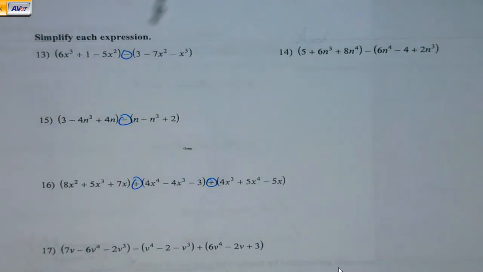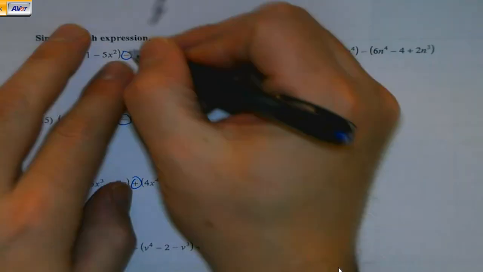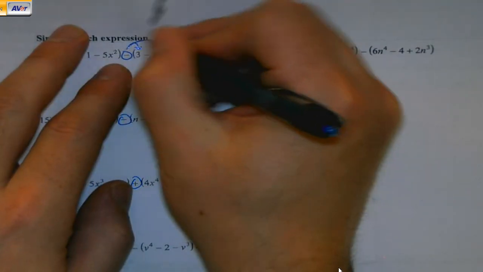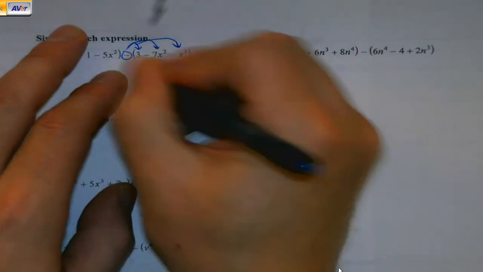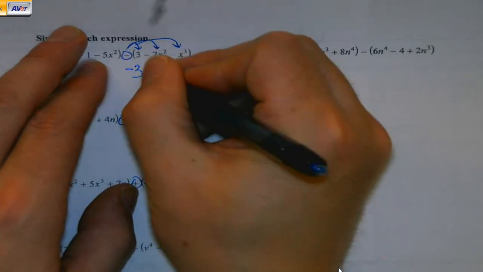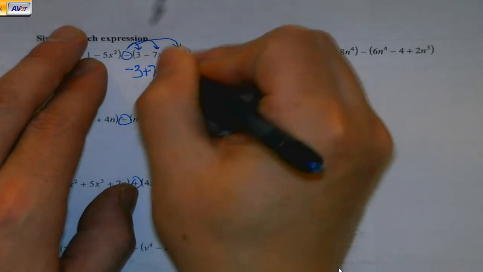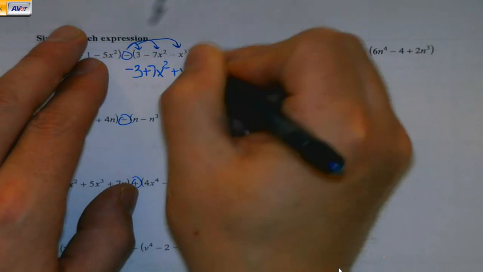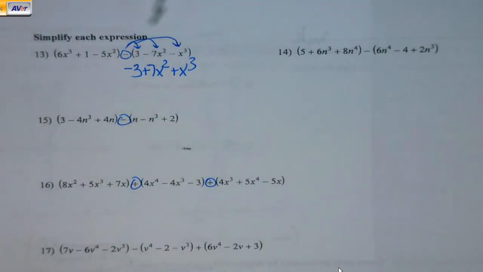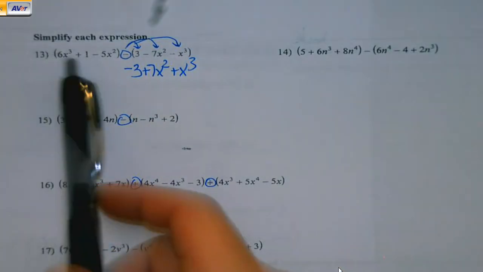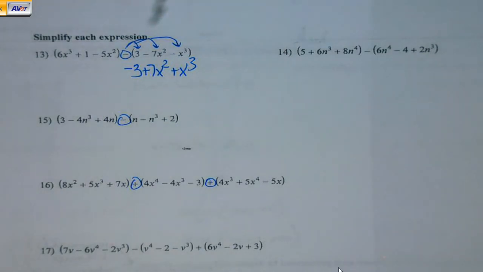We're not adding exponents. We're not multiplying coefficients. All you're doing at the most up here, if there's a negative in the middle, is distributing that negative through, which is basically just changing signs on these other values. The first one, since there's nothing in front of it, it doesn't change anything.